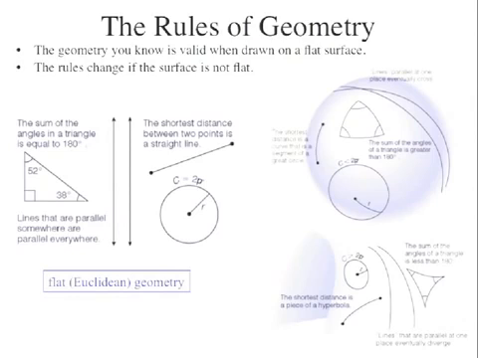You could instead have a geometry defined on the surface of a balloon, for example. What are the rules for that? Well, the three angles here make up a triangle, but these angles sum to more than 180 degrees in every case.